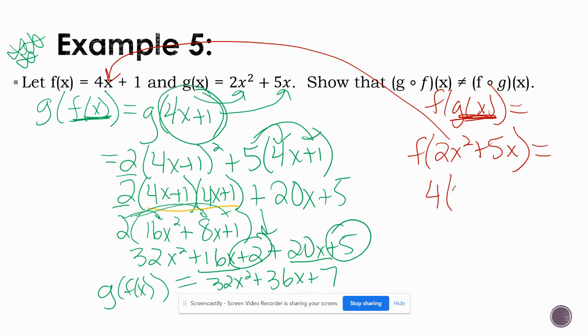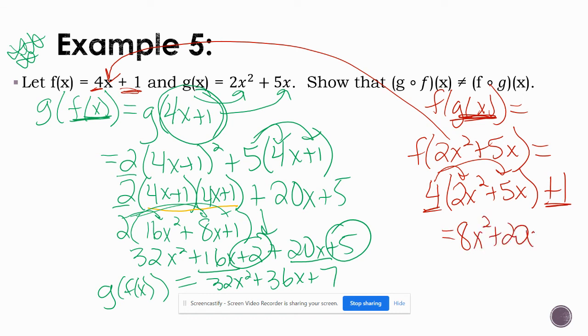We have 4 times 2x squared plus 5x and then plus 1. So the 4 and the plus 1 here come from the 4 and the plus 1 there. Let's simplify. I can distribute the 4. We get 8x squared plus 20x, and then we still have that plus 1.